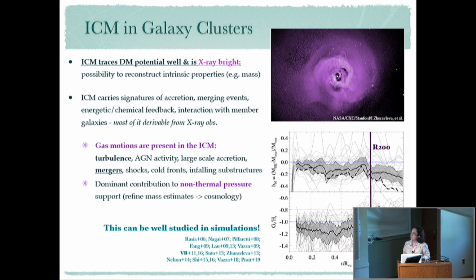But due to these processes, we expect to find some other kind of motions like rotation, streaming, or turbulence that can be observed indirectly through signatures like the presence of cold fronts or shocks or bubbles in the ICM that can actually induce these kind of motions.